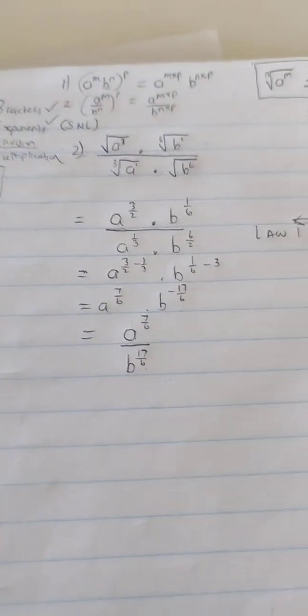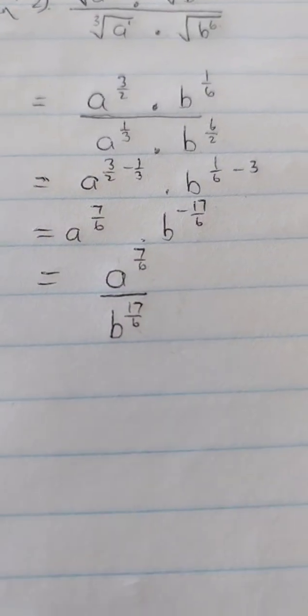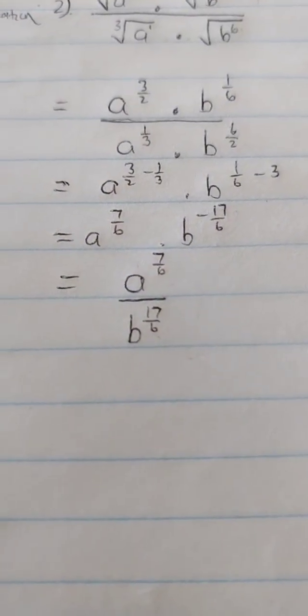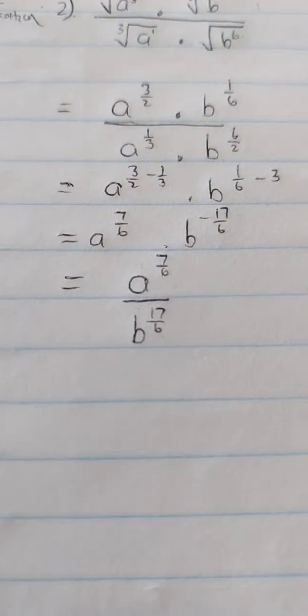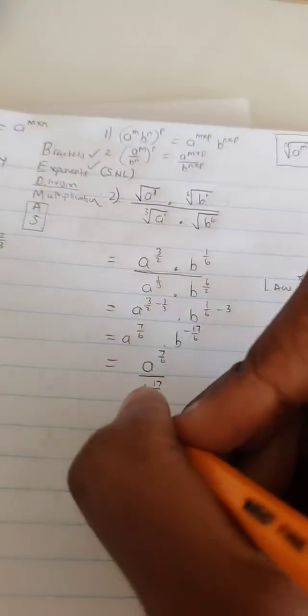He goes down there, to the denominator. So the answer is a to the power 7 over 6 over b to the power 17 over 6. And honestly, guys, that is as simplified as I can potentially go.